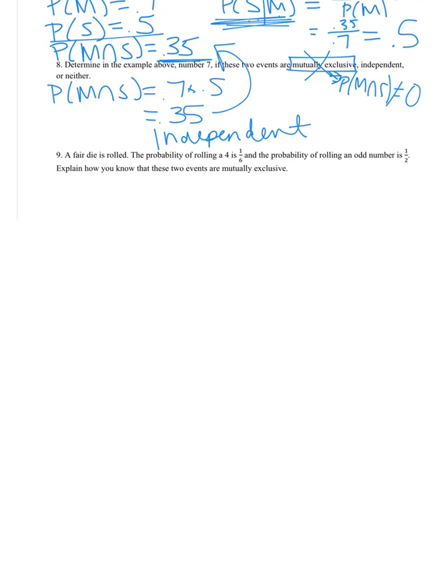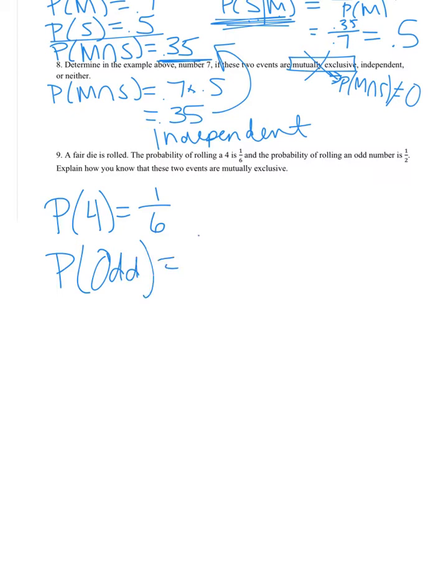And then number 9, a fair die is rolled. The probability of rolling a 4 is 1 over 6. The probability of rolling an odd number is 1 over 2. Explain how you know that these two events are mutually exclusive. 4 is even. That's it. You can't roll a 4 and roll an odd number at the same time.